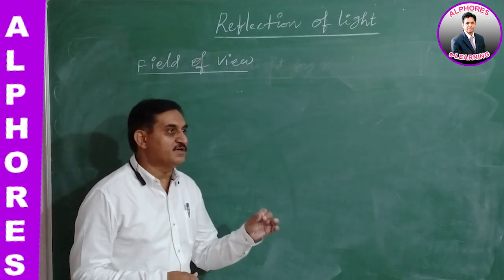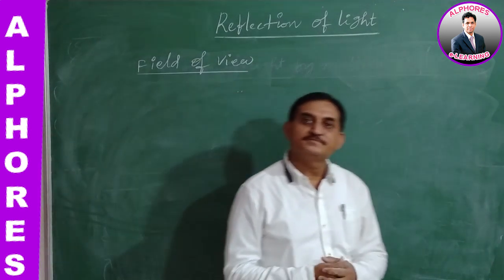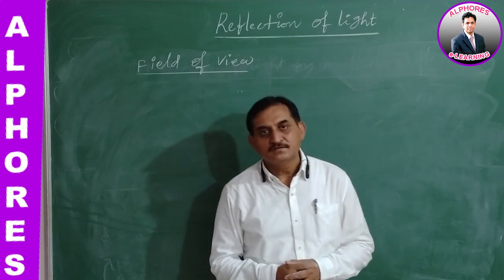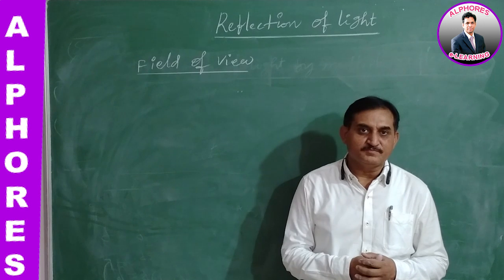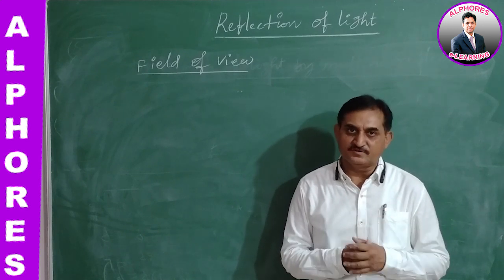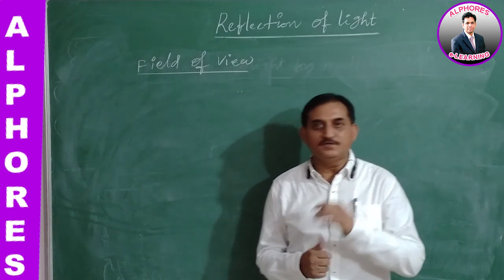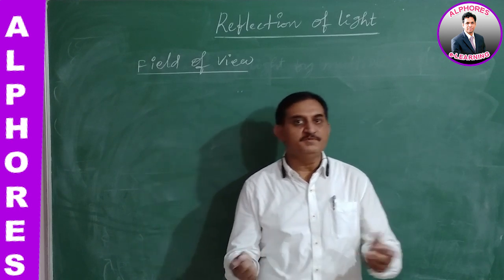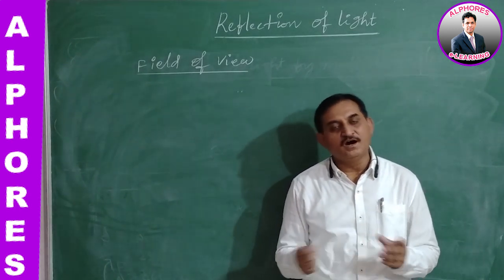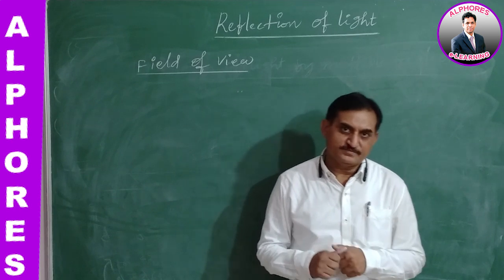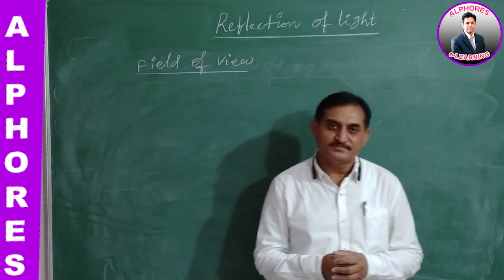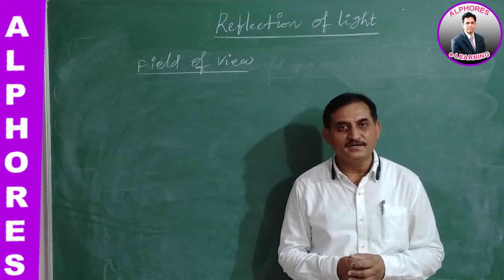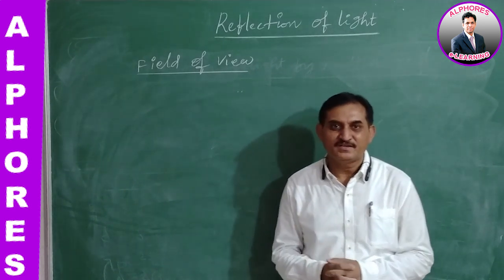Suppose an observer wants to see the object or image. Definitely the light rays must be incident on the eye of the observer. That is possible whenever light comes from the object or from the image. If the light is coming from the object or the image, it is definitely diverging light.